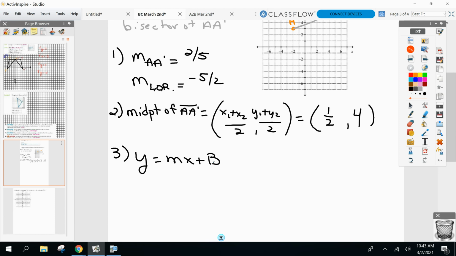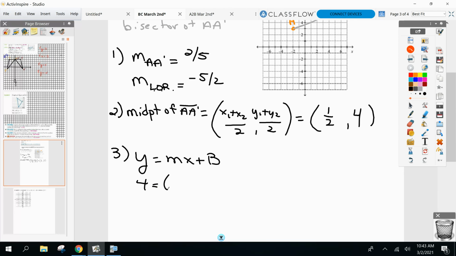Do we know a y-coordinate that the line of reflection will go through? Look at your previous step. We don't only know a y, we know an x and a y: 1/2 and 4. So it's going to go through 4. What's the slope of my line of reflection?